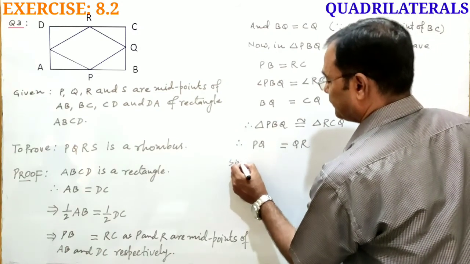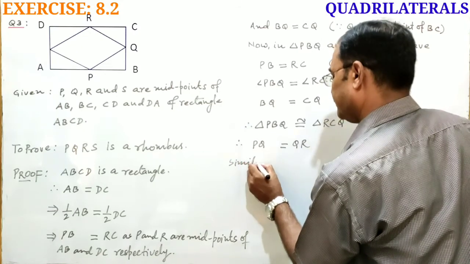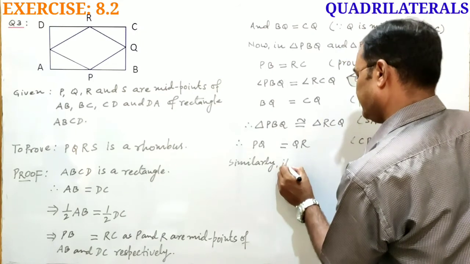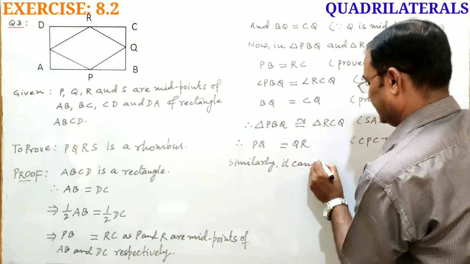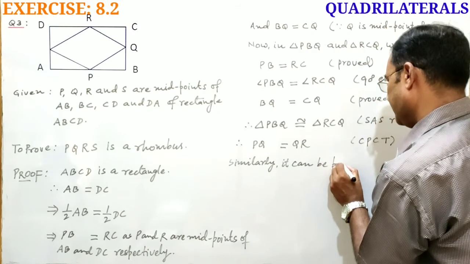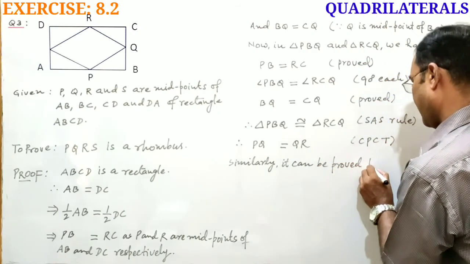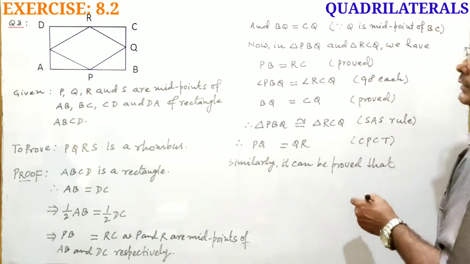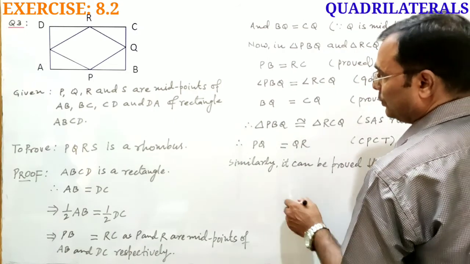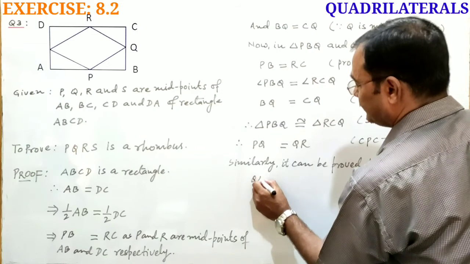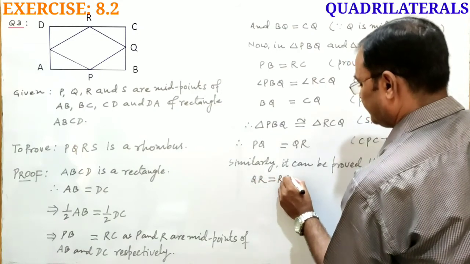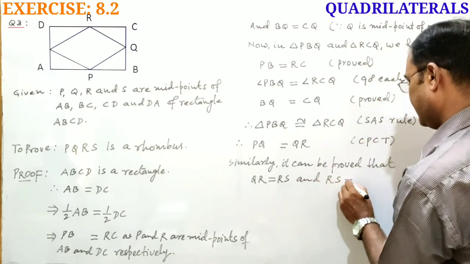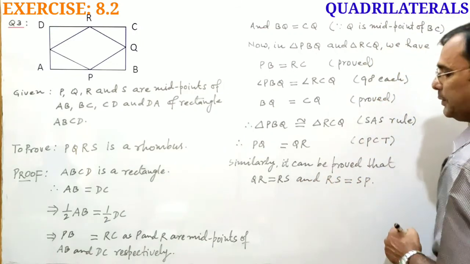Similarly, it can be proved that QR is equal to RS and RS is equal to SP.